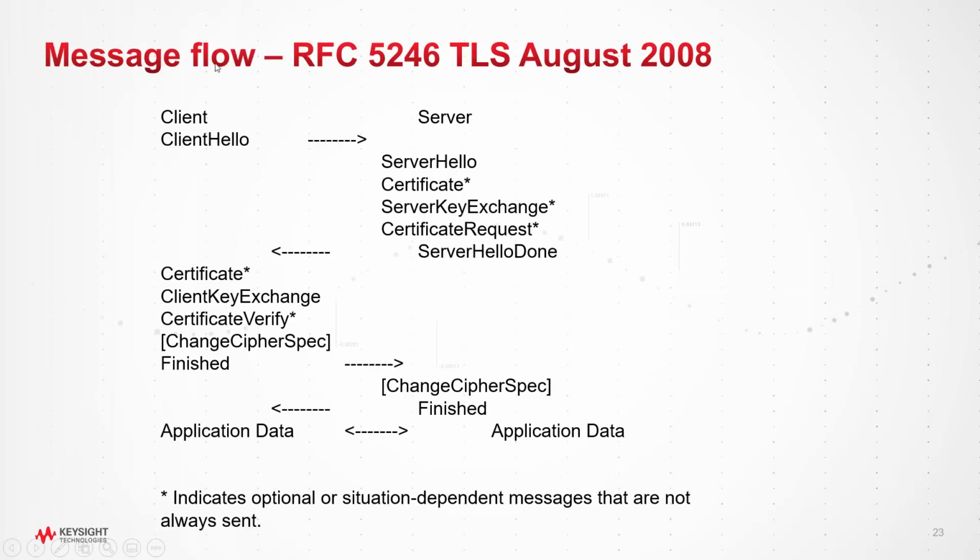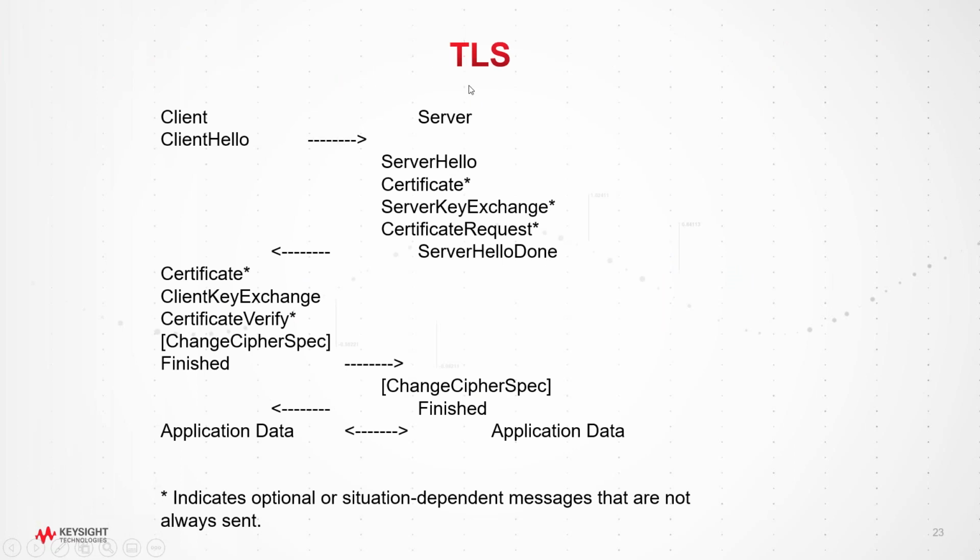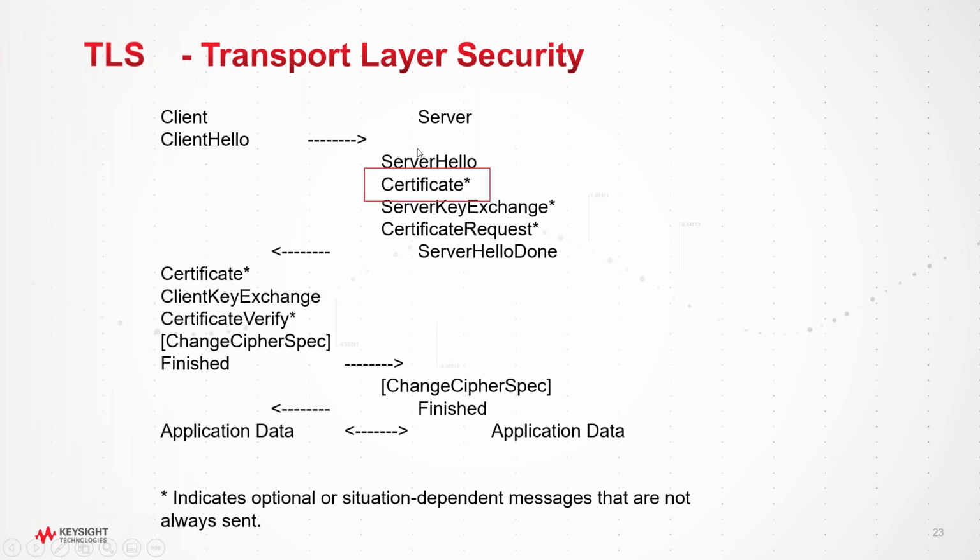Let's look a little bit further into TLS. This is again an RFC, for TLS, transport layer security. And again, I don't want to bog you down with the flow here from the RFC. You can go to the RFC to see that. I just want to focus on a couple of things here.